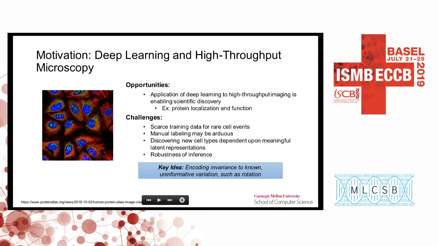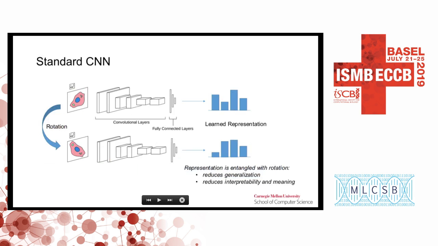And particularly in microscopy imaging, we're interested in rotation. So if you consider the standard pipeline for applying a convolutional neural network to a microscopy image of a cell, you have several convolutional layers. At some point, you transition to a fully connected layer, and that yields your learned representation.